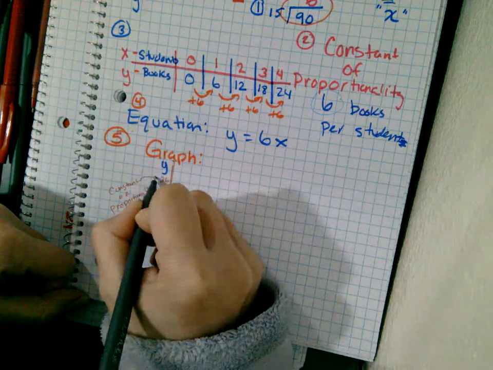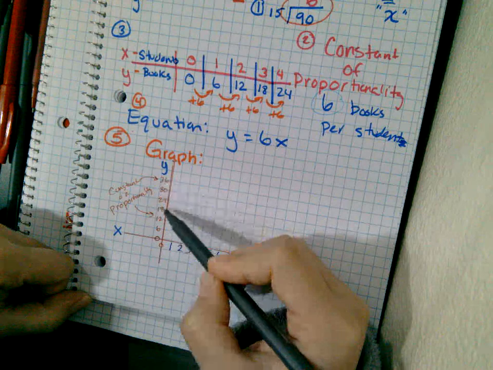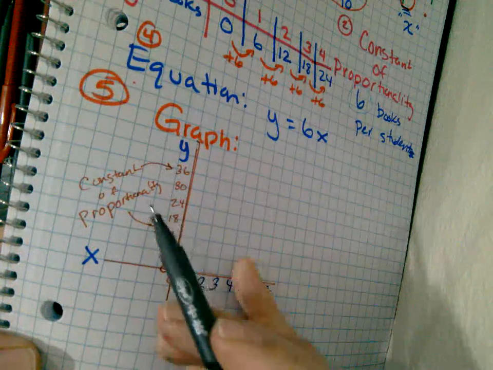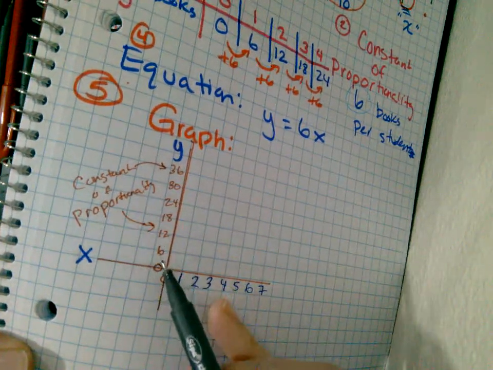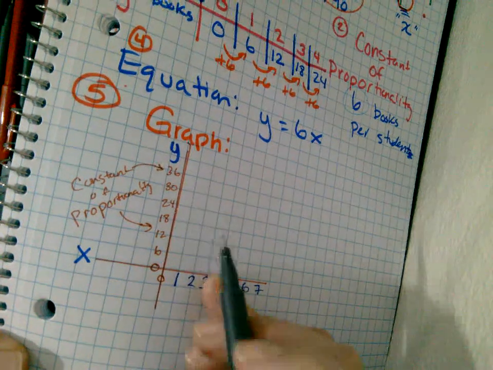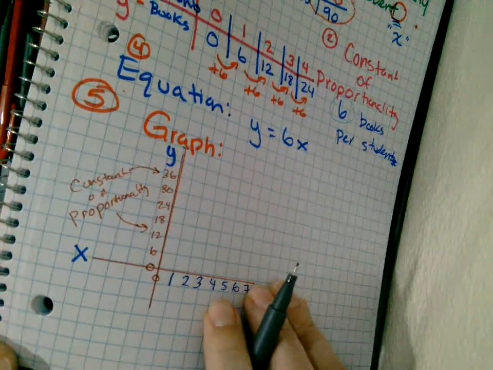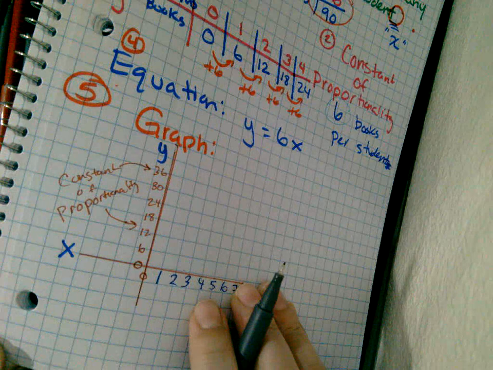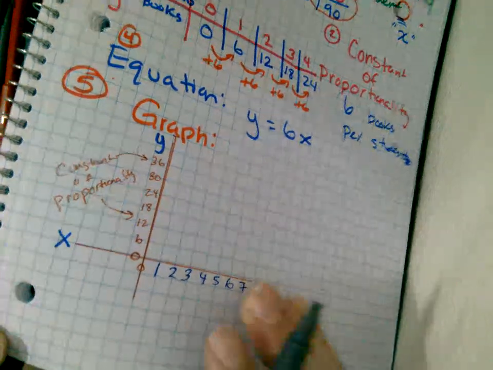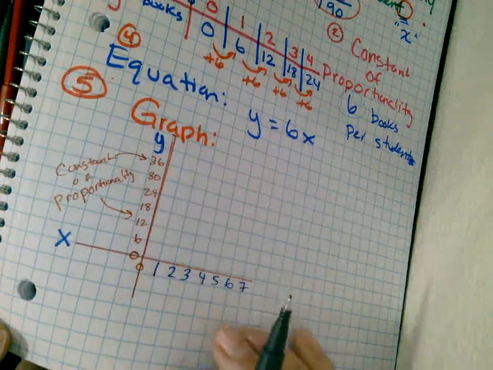We're going up by 6. Our constant of proportionality is 6, so I'm going to go up by 6. Do not go up by 1, unless your constant of proportionality is 1. Don't go up by 1s, please. Go up by the constant of proportionality.